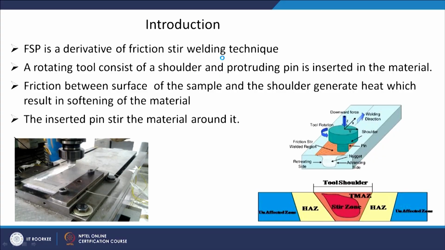Looking at the friction stir processing technique, again a very simple technique. If you have a milling machine in your lab or your department, you can use it very easily. Basically you need a vertical milling machine.